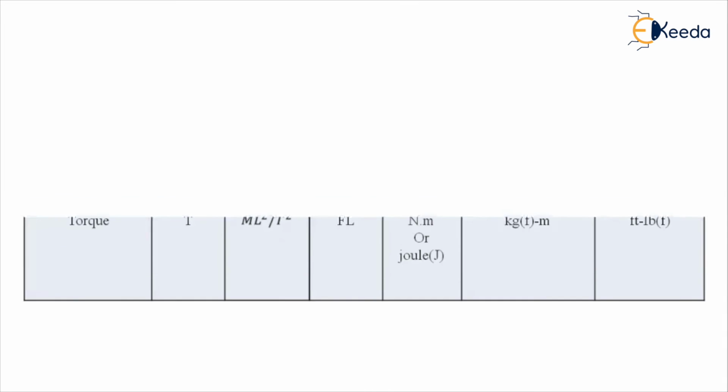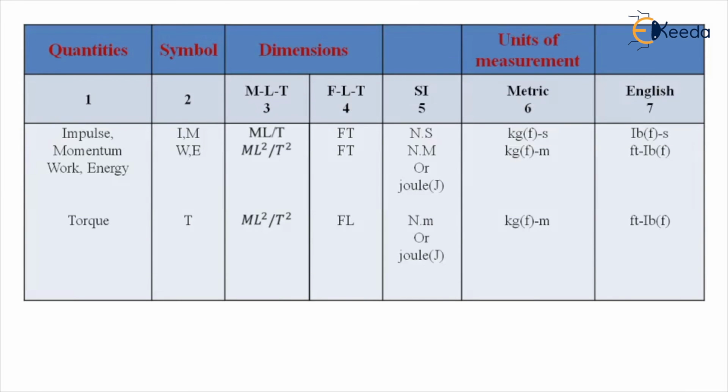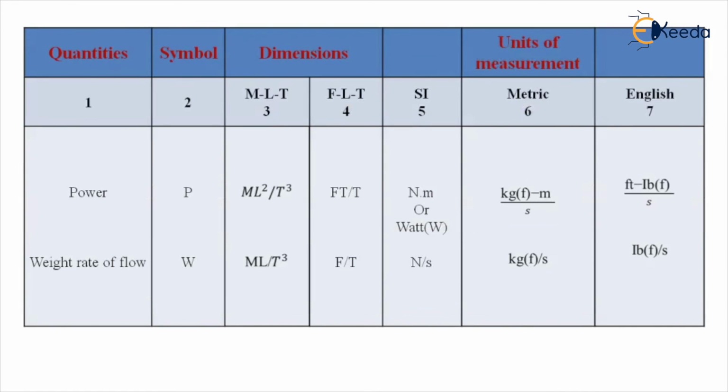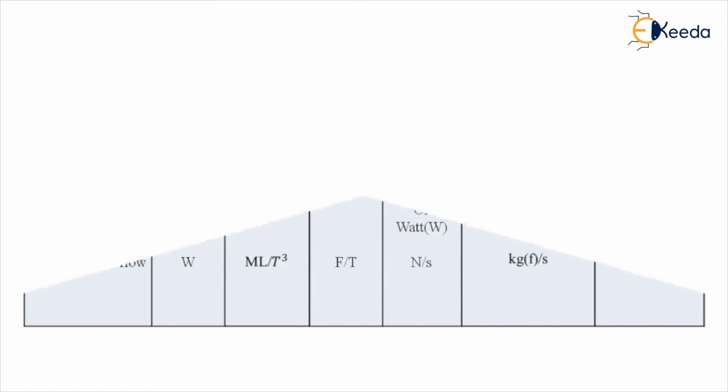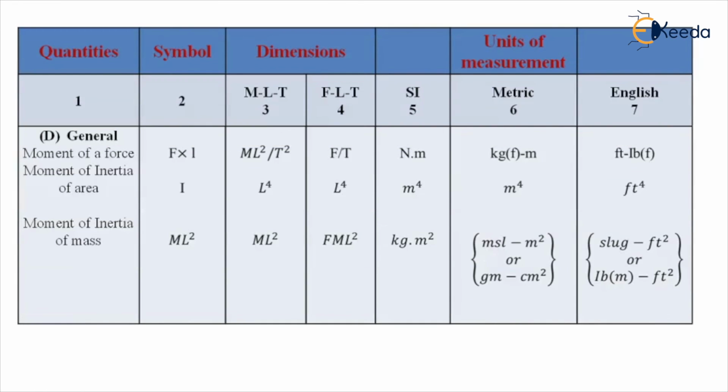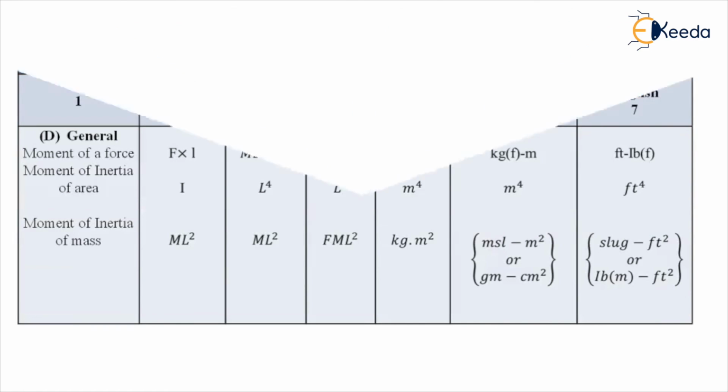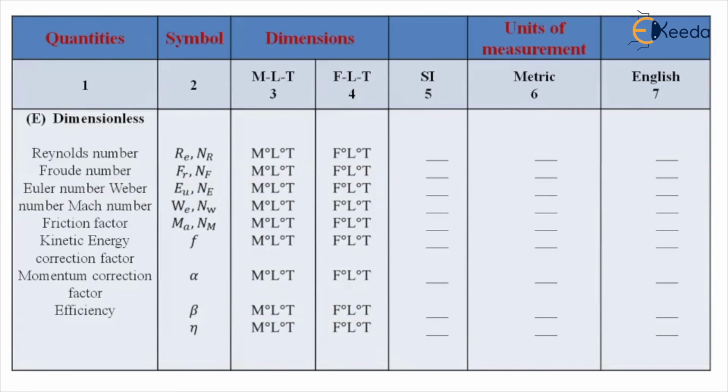Modulus of elasticity, compressibility, impulse, momentum, work, energy, torque, etc. Power, weight, rate of flow, moment of force, moment of inertia of the area, moment of inertia of mass, etc. are given. Then, heat, these are the dimensions.